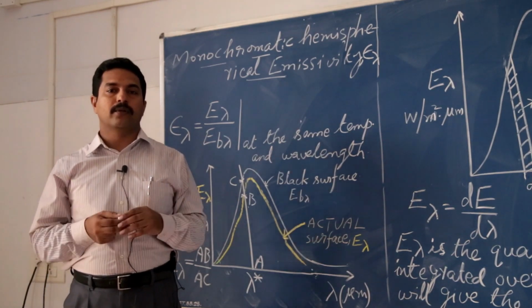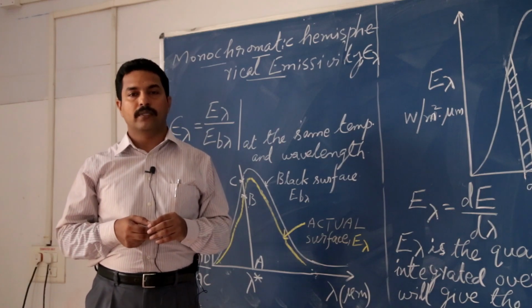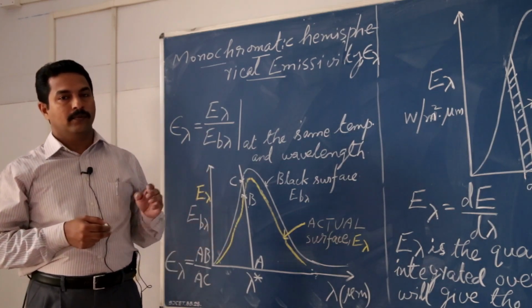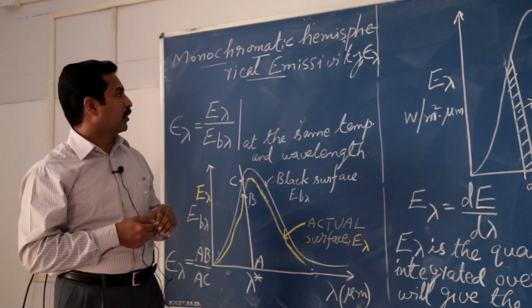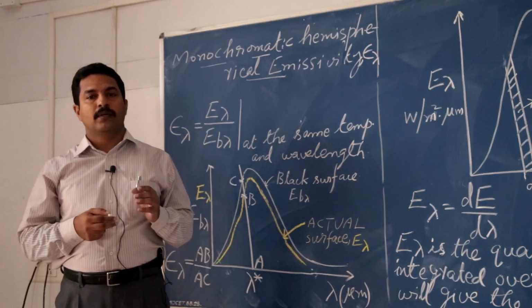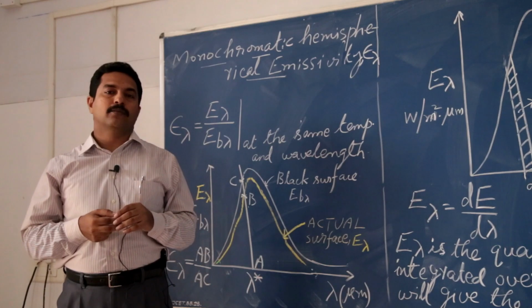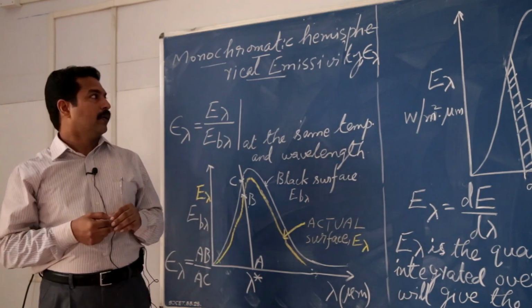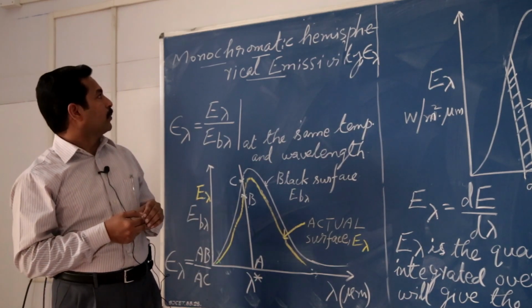It is independent of the direction, it is applicable to all the directions. In a similar way, for spectral or monochromatic hemispherical emissivity, we can simply say monochromatic or spectral emissivity.